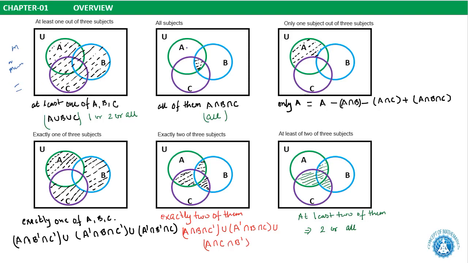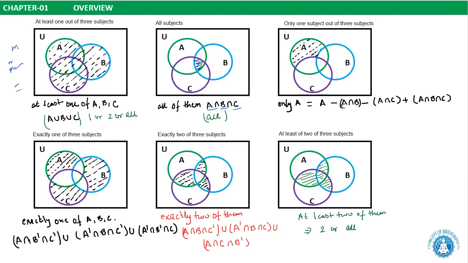All three subjects will be represented by this one, and this will be the intersection of A, B and C.